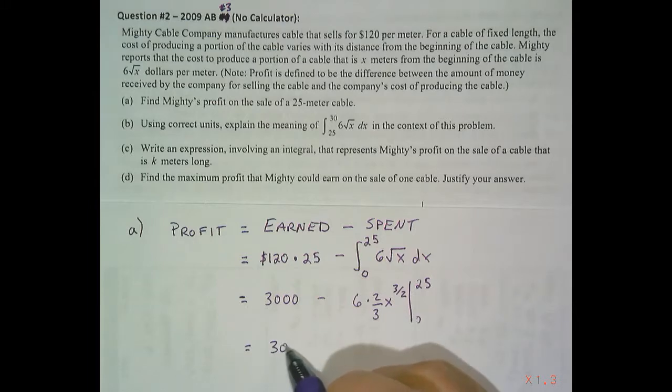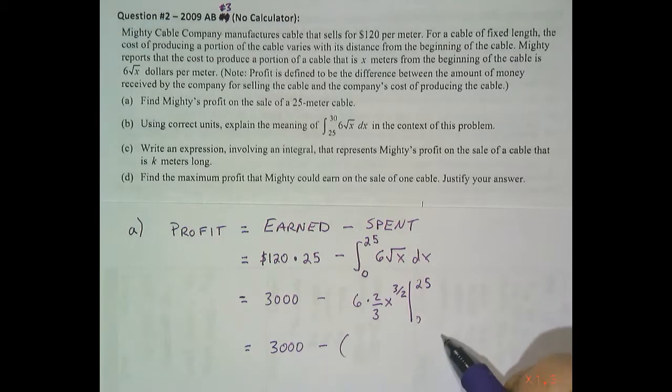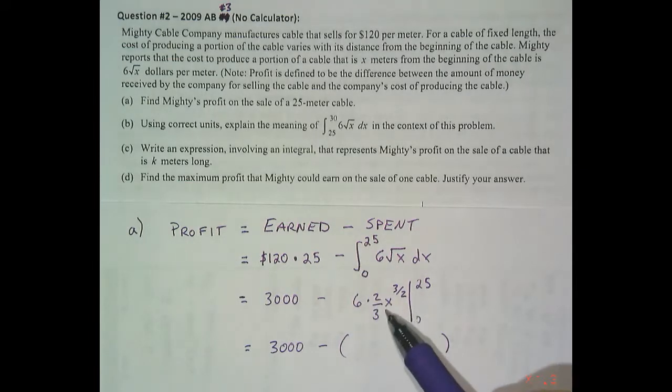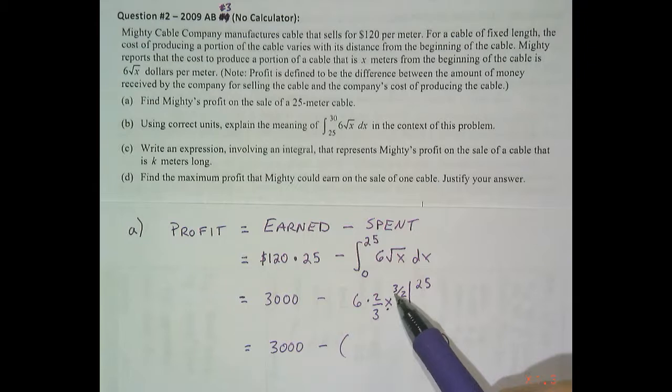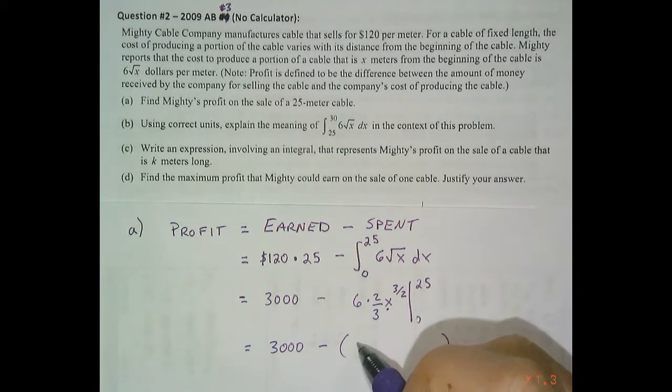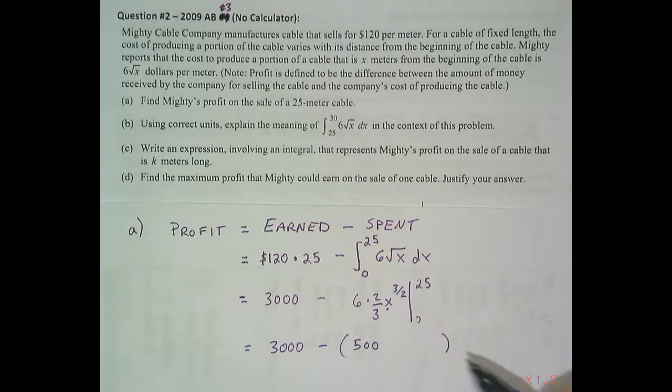That equals 3,000 minus, if I plug 25 into this, the square root of 25 is 5. 5 cubed is 125, times 2 is 250, times 6/3 is 500. This equals 2,500. Pretty good profits.